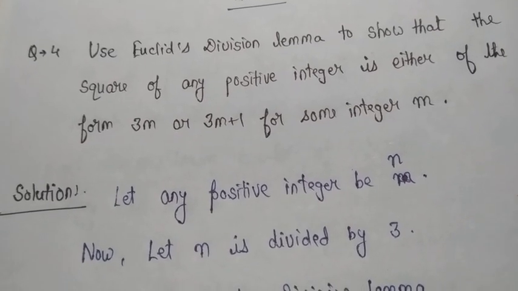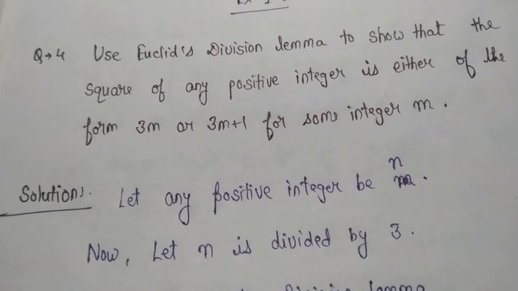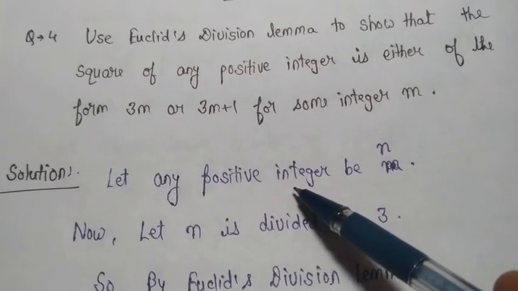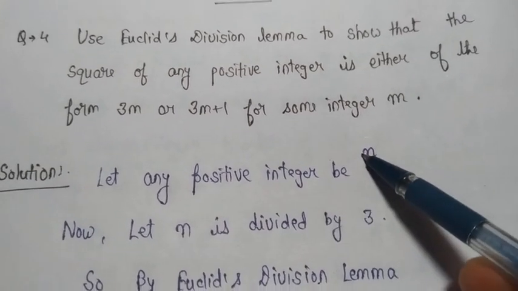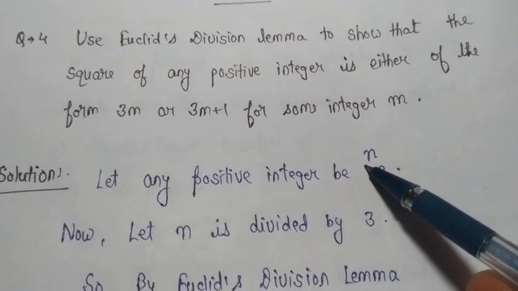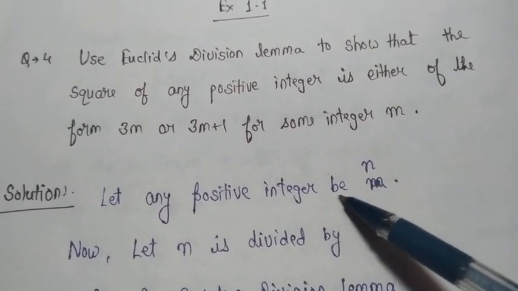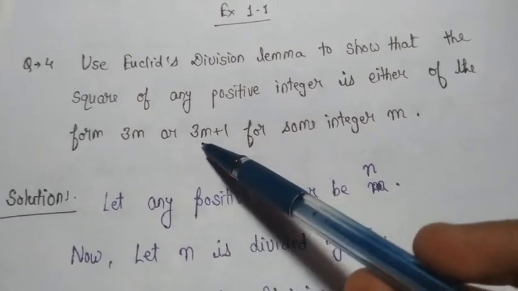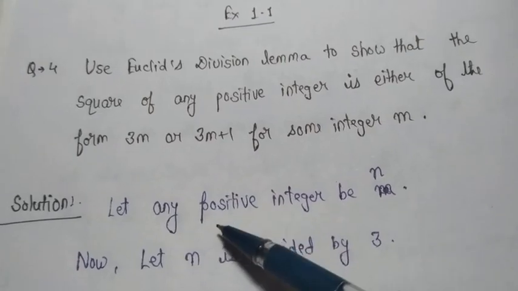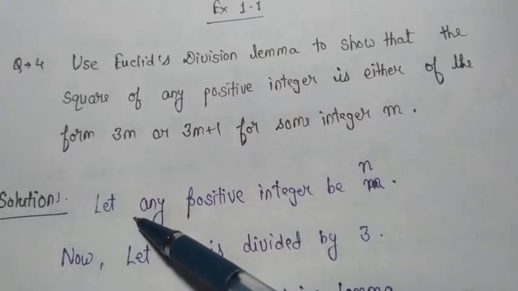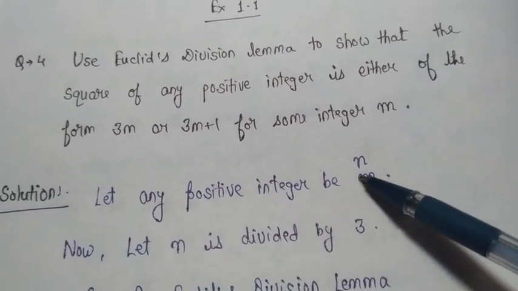So students, because we have to use Euclid division lemma, first we have to consider a positive integer. Let the positive integer be n. You can take any variable, but you accept this m because m came in the question. Whatever I have done, I have assumed any positive integer to be n.